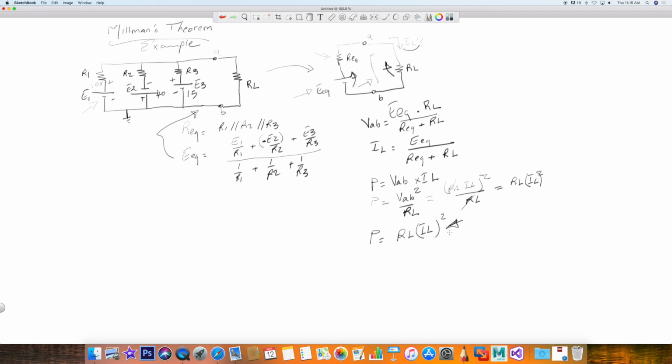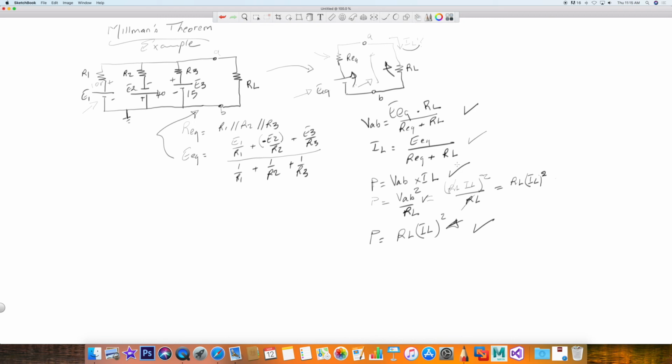Okay? And let me just write it up nicely. So now you know where these come from and how they're evaluated. Okay? So no matter what your scenario, this is how you would pretty much solve for Millman in terms of figuring out what is the voltage between A and B with the load, what is the load current, and what is the power consumed by the load, using any of these possible solutions.